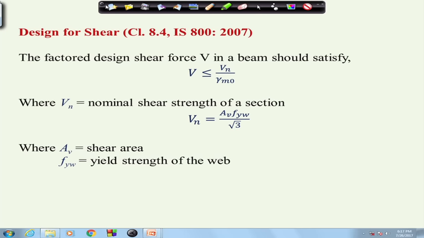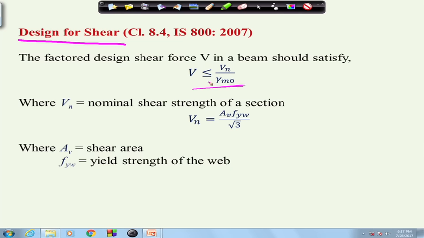So, after designing for bending, then we will go for shear, right. So, regarding shear, clause 8.4 describes the criteria. In clause 8.4 it says that the factored design shear force should be less than the nominal shear force by gamma m0, Vn by gamma m0, right.